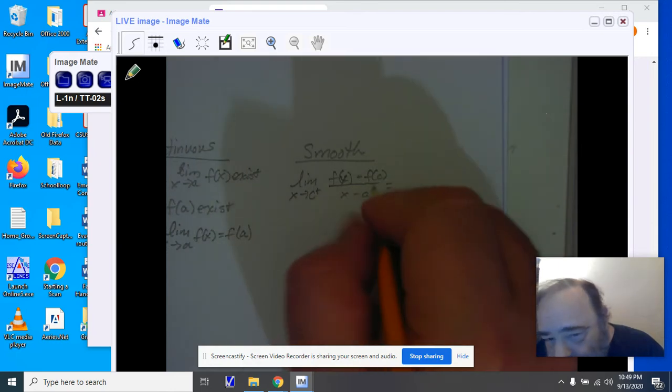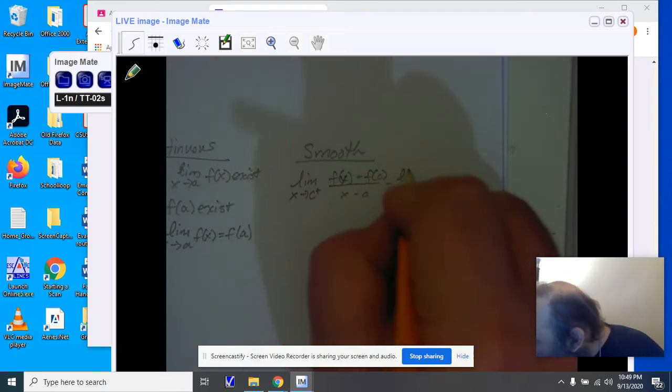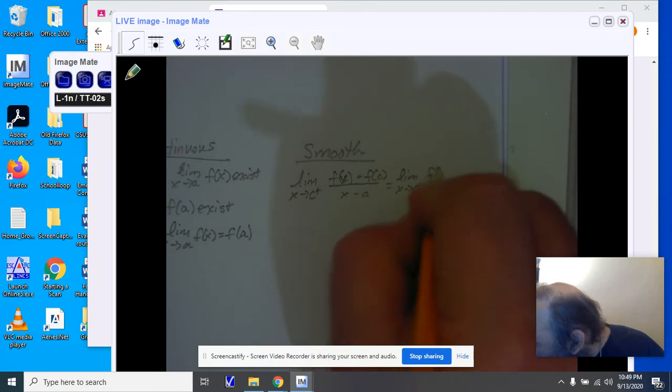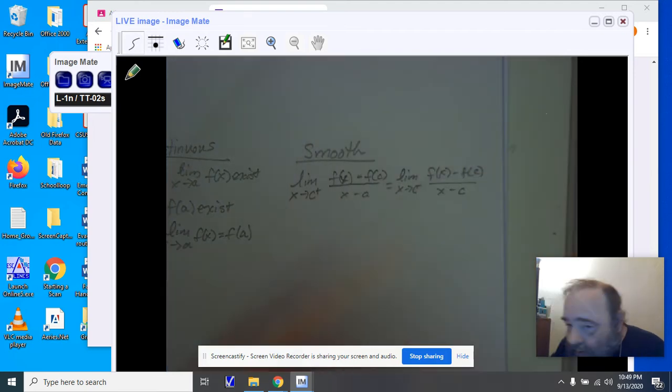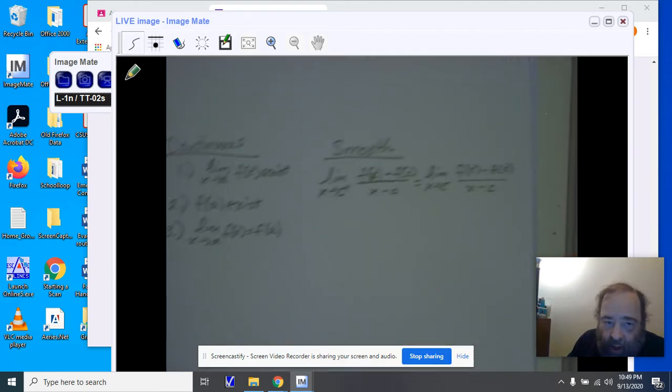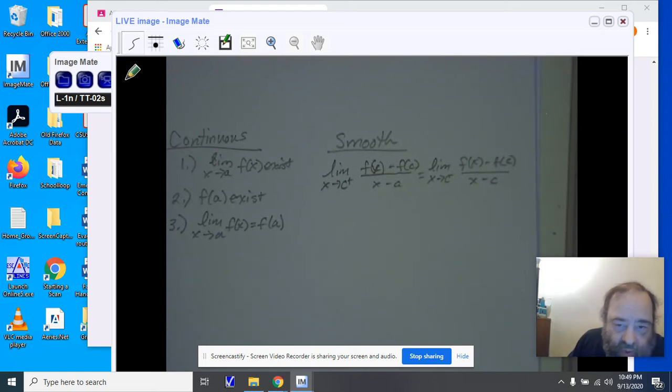The limit as x approaches c from the left of f of x minus f of c all over x minus c. So these are our two criteria, continuous and smooth.